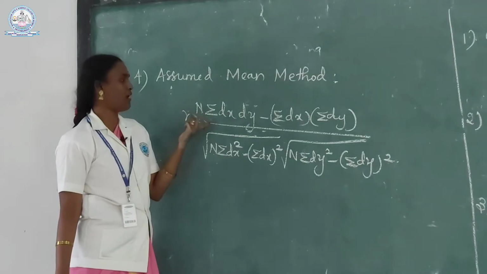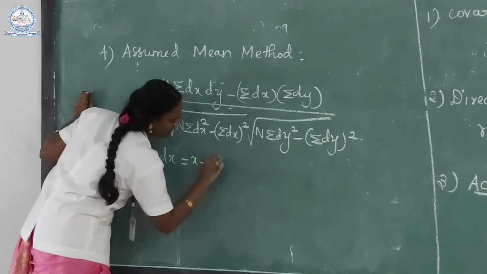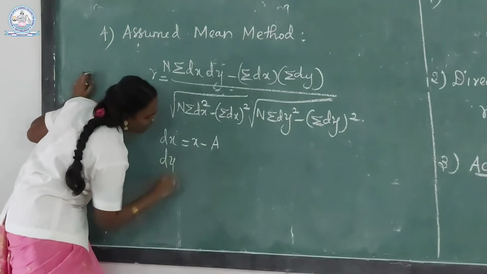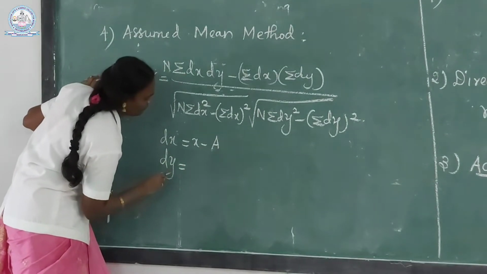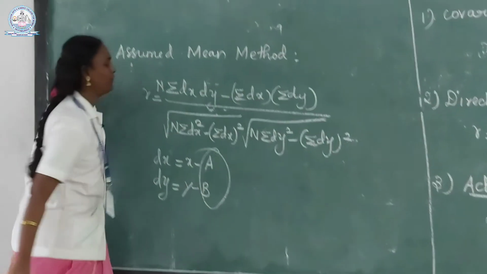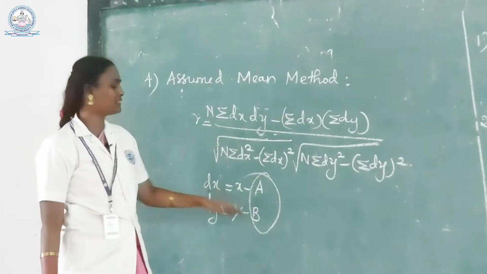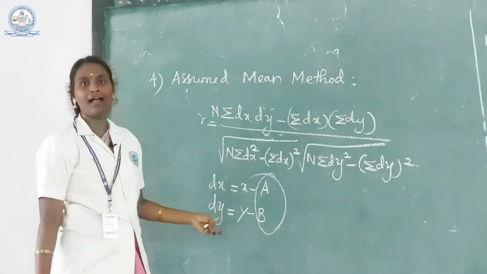Same as before, n is the number of observations, dx is equal to x minus a, where a is the assumed mean, and the same procedure for the variable y, dy equal to y minus b. Here a and b are the assumed mean values: a is the assumed mean value of x and b is the assumed mean value of y.